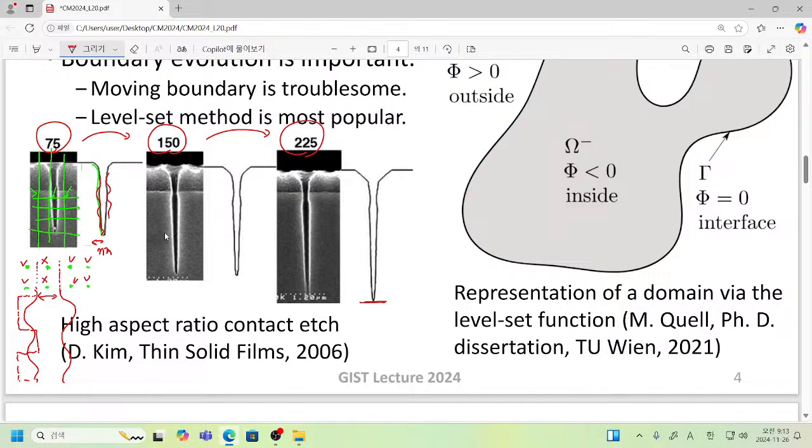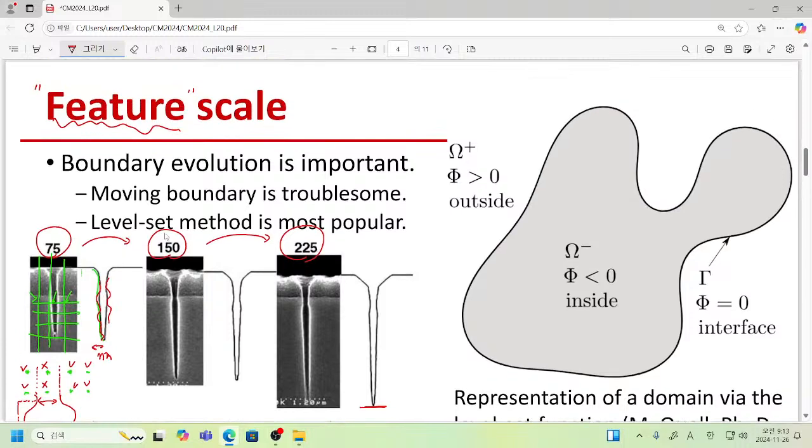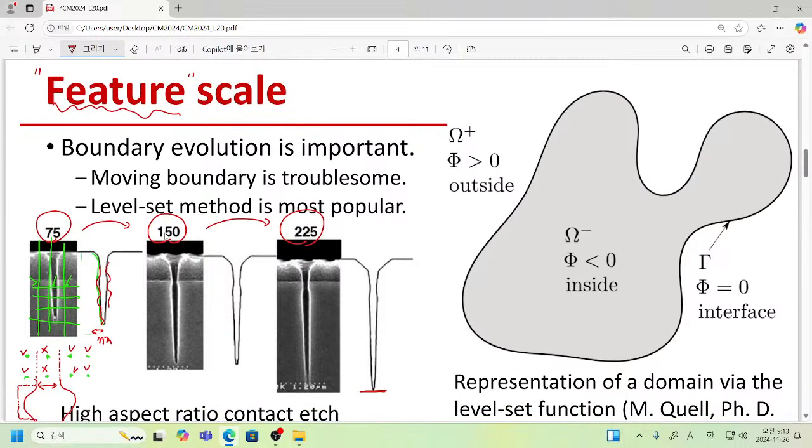That introduces many problems in our description. So in this slide, I'm just showing that moving boundary is really an important issue of our process simulation or emulation, because during the process the shape of our system is always changing.